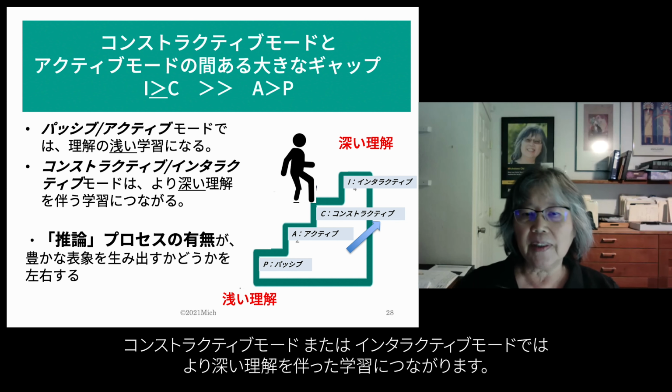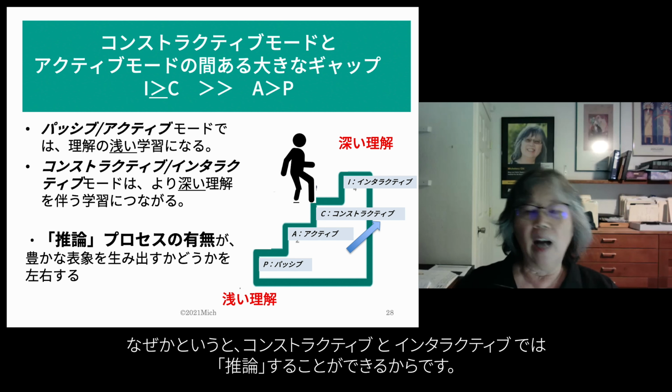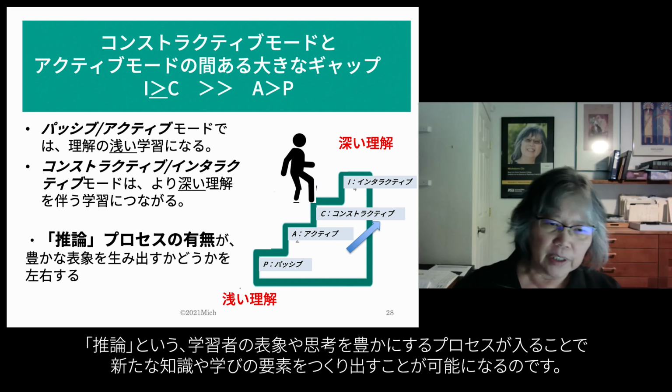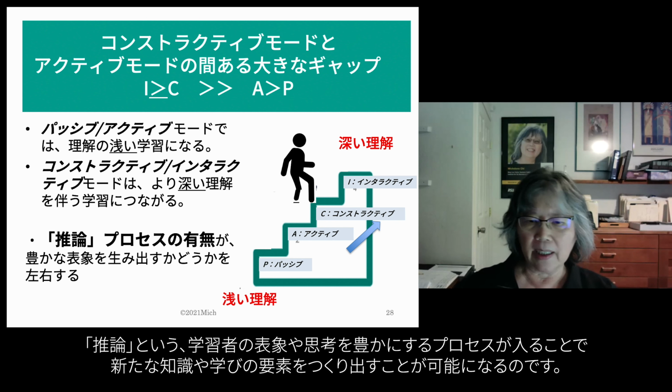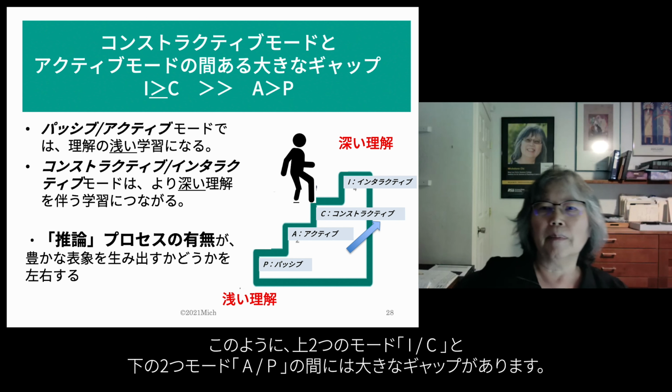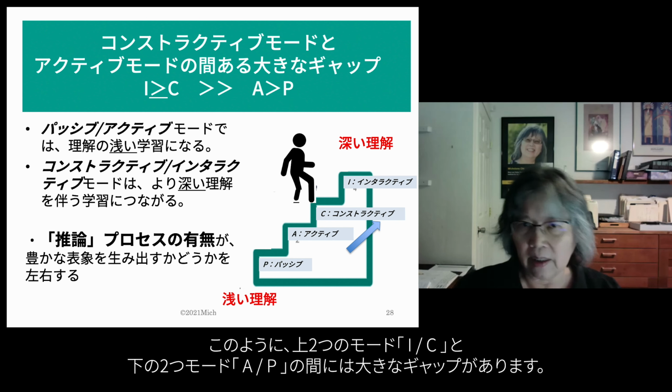Whereas constructive and interactive modes lead to learning with deeper understanding. The reason being that in constructive and interactive mode, you can do inference. You can generate items by the inferring process, which can generate a richer representation. So there's a bigger gap between the upper 2 and the lower 2.